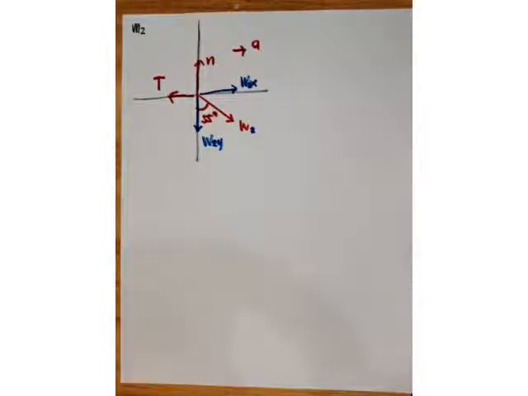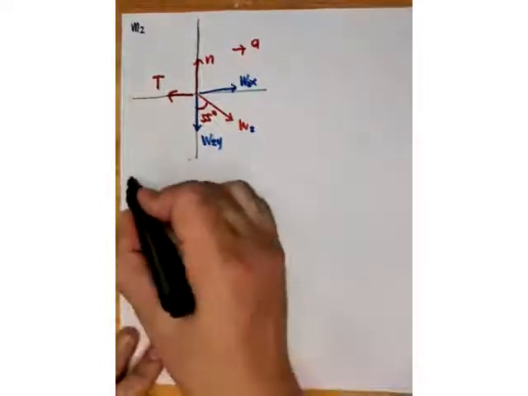Kasi wala naman tayong frictional force. And then the acceleration is not in the direction of the normal force, so we don't need yung normal force. So wag na natin kukunin yung normal force unless it is being asked. But since hindi naman siya tinatanong, wag yun ang kukunin. Okay? Since hindi natin siya kailangan.